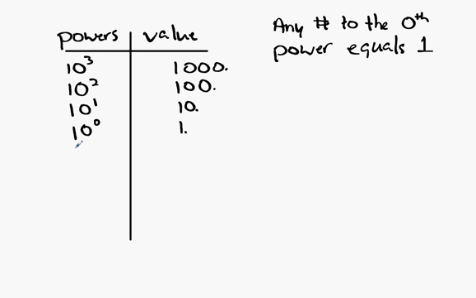If I say 10 to the negative first power, we just keep decreasing: 3, 2, 1, 0, negative 1, and we just keep moving the decimal. So now we're going to have 0.1. Let's add another column here, which will help us out in a second.